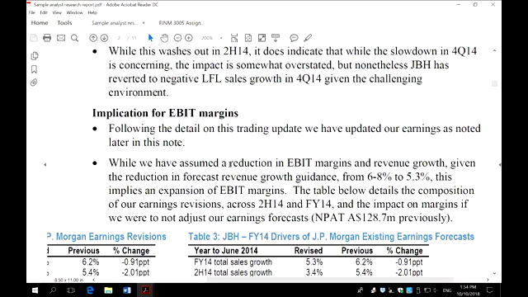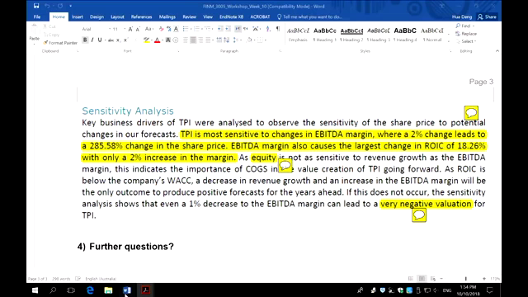Yes. What's wrong with the very negative? Didn't they justify that? That very negative valuation? Justify it. Okay, we can only observe that when they change the EBITDA margin, they observe the share price, that's the change, the scale of the change in the share price valuation of their model.